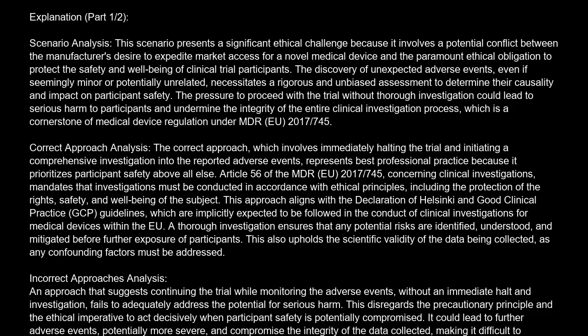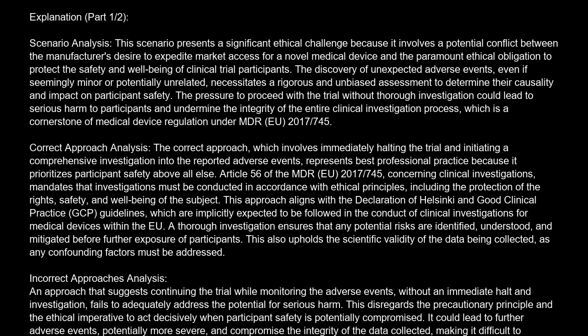Explanation. Scenario analysis. This scenario presents a significant ethical challenge because it involves a potential conflict between the manufacturer's desire to expedite market access for a novel medical device and the paramount ethical obligation to protect the safety and well-being of clinical trial participants.